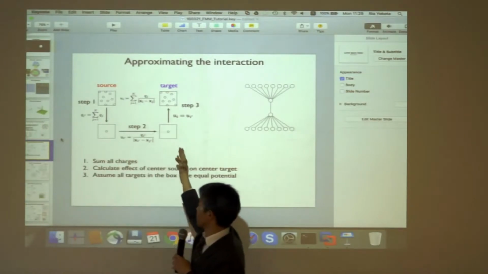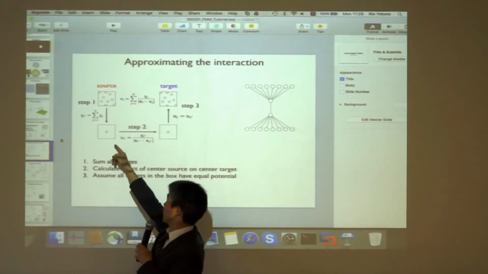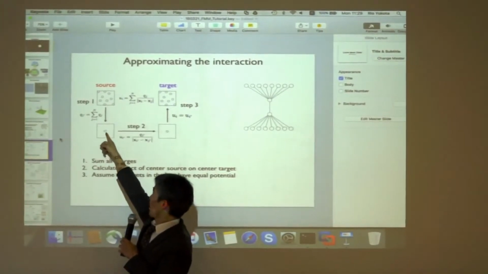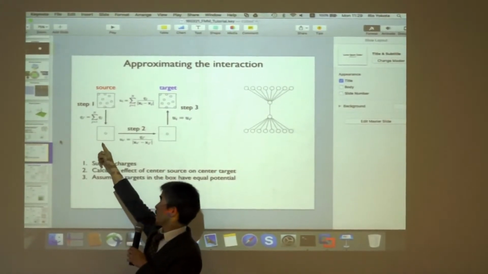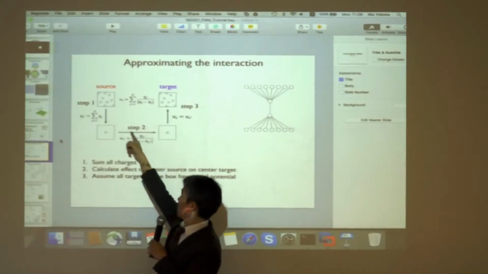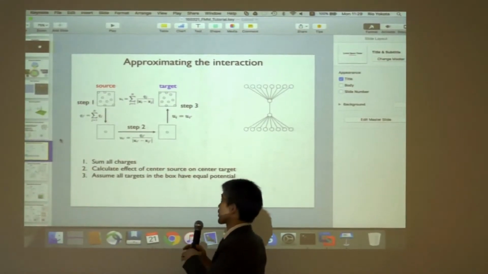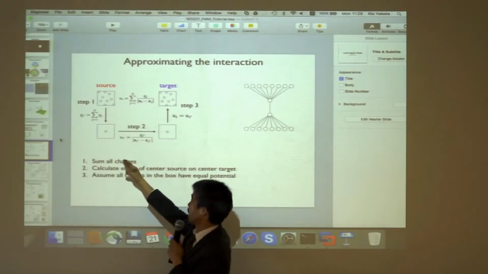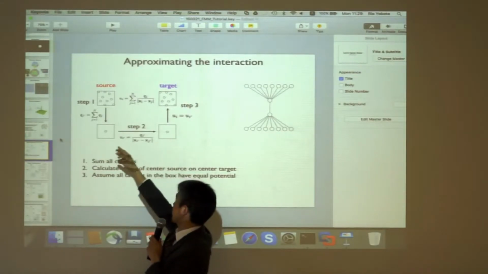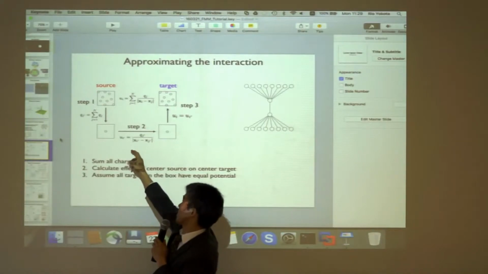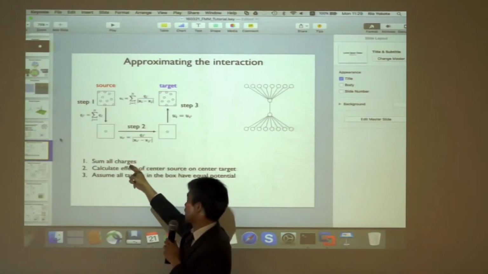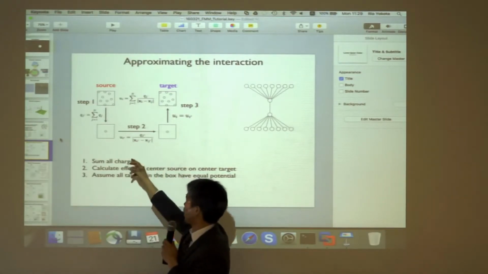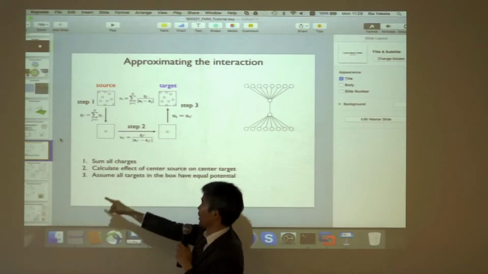Once you have that set of points, you want to calculate the sum of Q, all the values, and say that that's the Q here. And then you want to take that Q and calculate this equation here. So you need to take the distance in each direction. So if you had xi minus xj, and yi minus yj, zi minus zj, each of those components you need to use to calculate the distance.